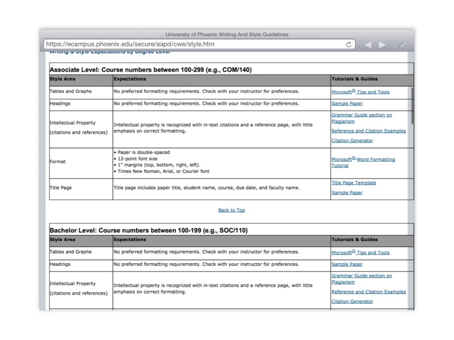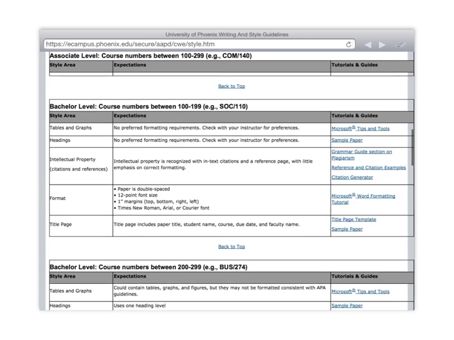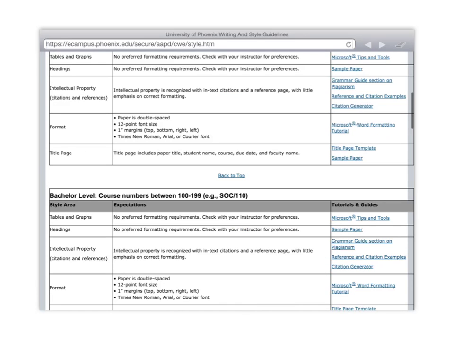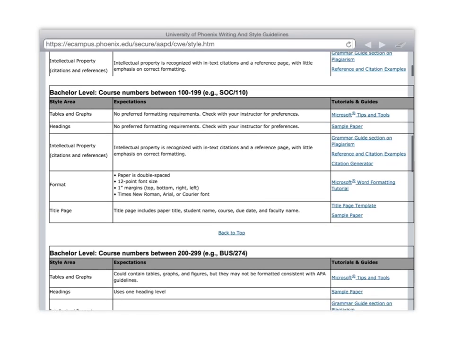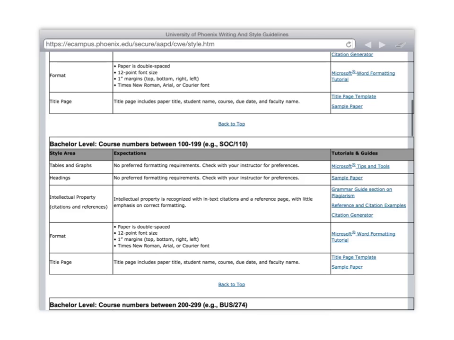You don't even really have to use headings. You have to use in-text citations and reference pages. Double space, 12-point font, 1-inch margin, Times New Roman, Arial, or Courier font. And then title page contains paper title, student name, course, due date, and faculty name. That's what was on my paper. That's the guideline I followed.